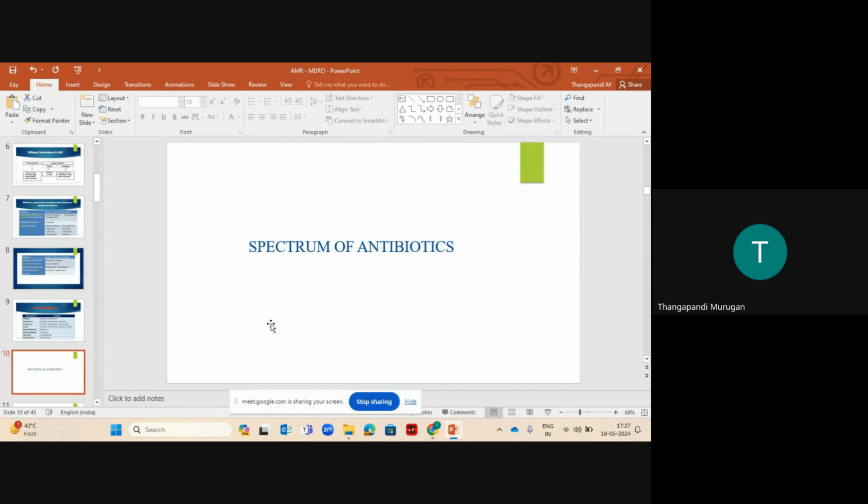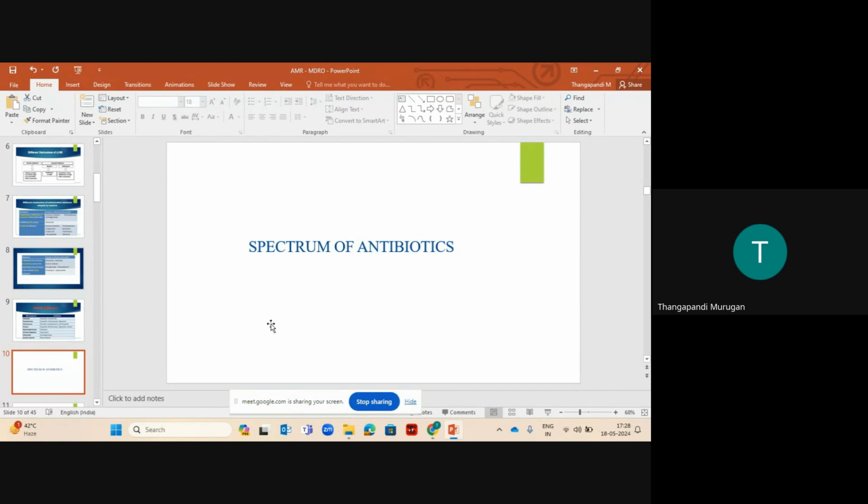We have studied whether a particular antibiotic is sensitive or not, but as resistance increases in nature, we have studied for each antibiotic which microorganisms it is sensitive to. As Dr. John Felix said in the previous slide, MRSA is sensitive to vancomycin, teicoplanin, linezolid, daptomycin, and so on.